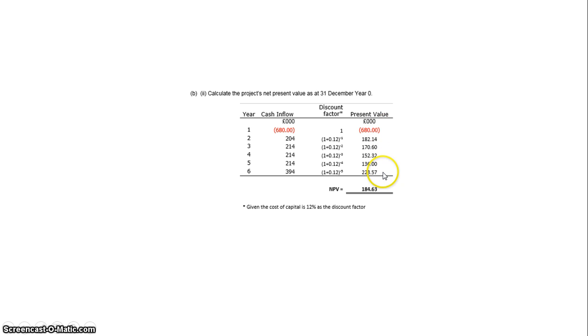Now you want to add up all these numbers. So minus 680 plus 182.14 plus 170.60 plus 152.32 plus 136 plus 223.57 will give you a net present value of 184.63.